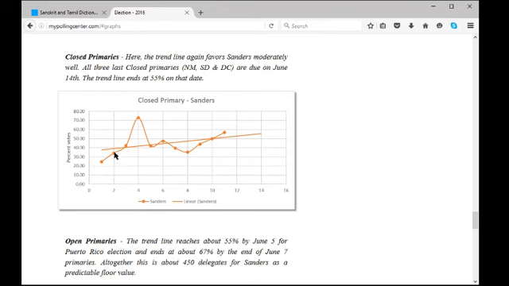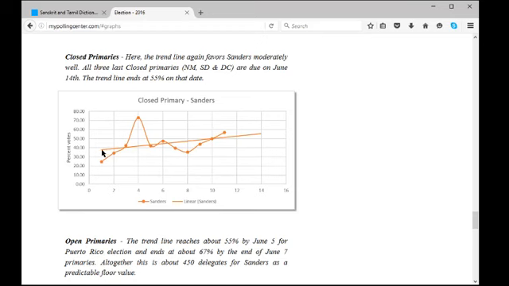As you see, here is quite a good trend for Sanders going up, and the computer is saying it's going to end up at least at about 57. Over here he started below 30.